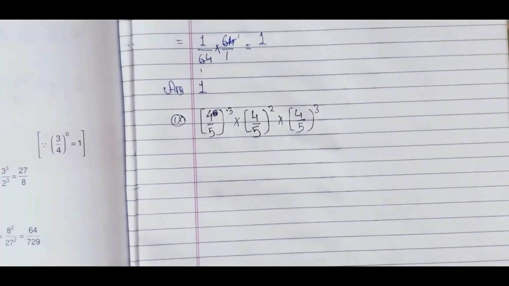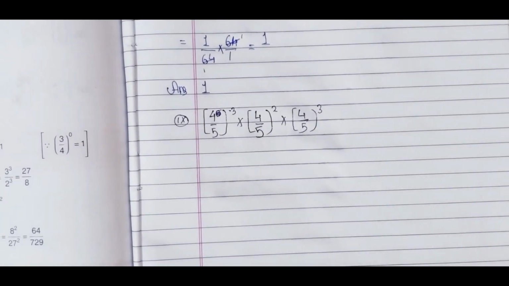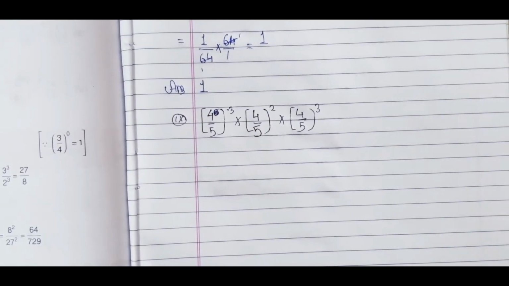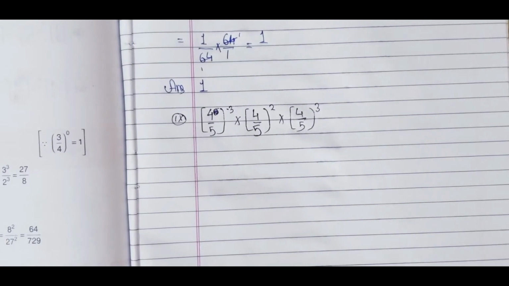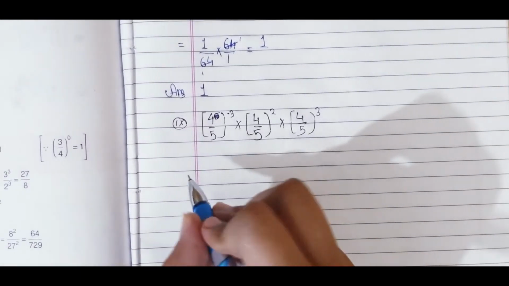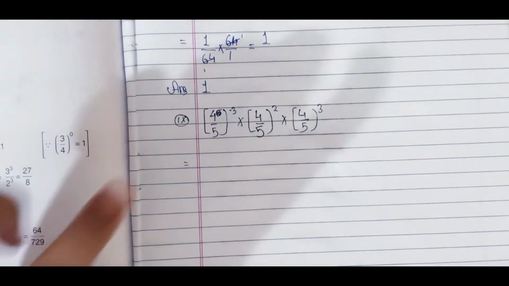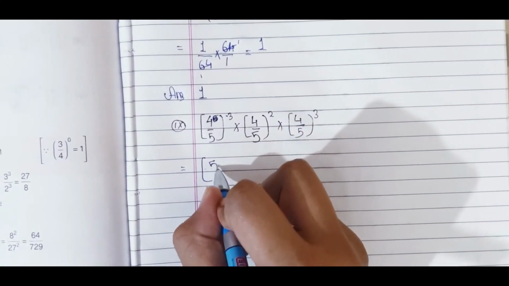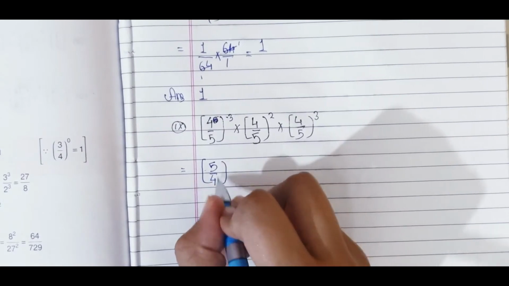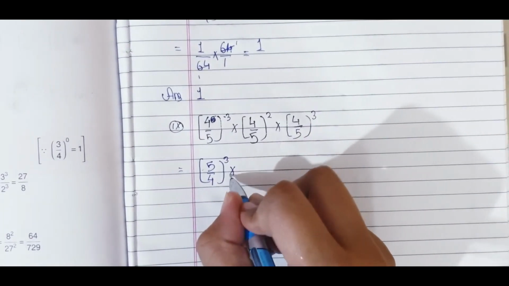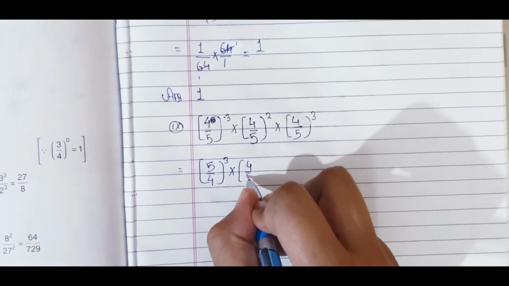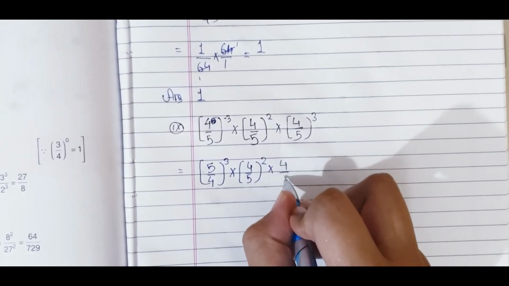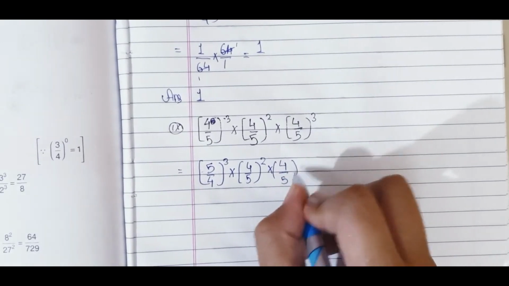So guys, our 9th question is (4/5)^-3 into (4/5)^2 into (4/5)^3. Now first we will take the reciprocal of this one. The reciprocal of 4 by 5 is 5 by 4, to the power 3, into 4 by 5 to the power 2, into 4 by 5 to the power 3.